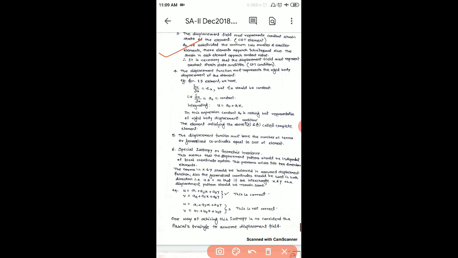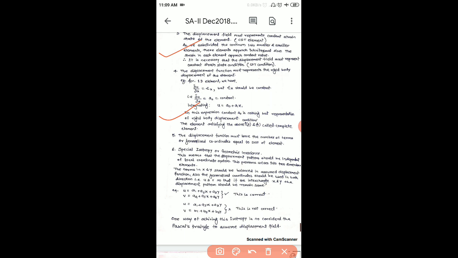This constant expression is nothing but the representation of rigid body displacement. The next requirement is that the displacement function must have a number of terms or generalized coordinates equal to the degrees of freedom of the element. Then the sixth criterion is spatial isotropy or geometric invariance.